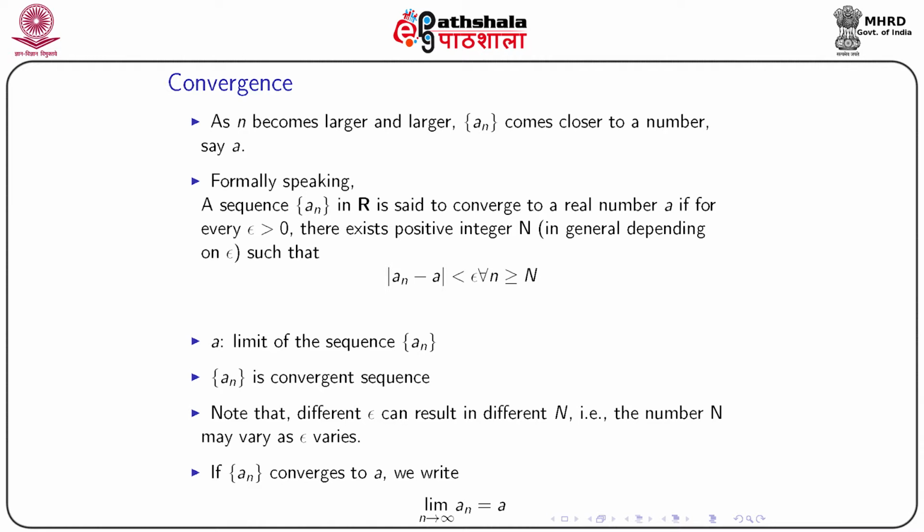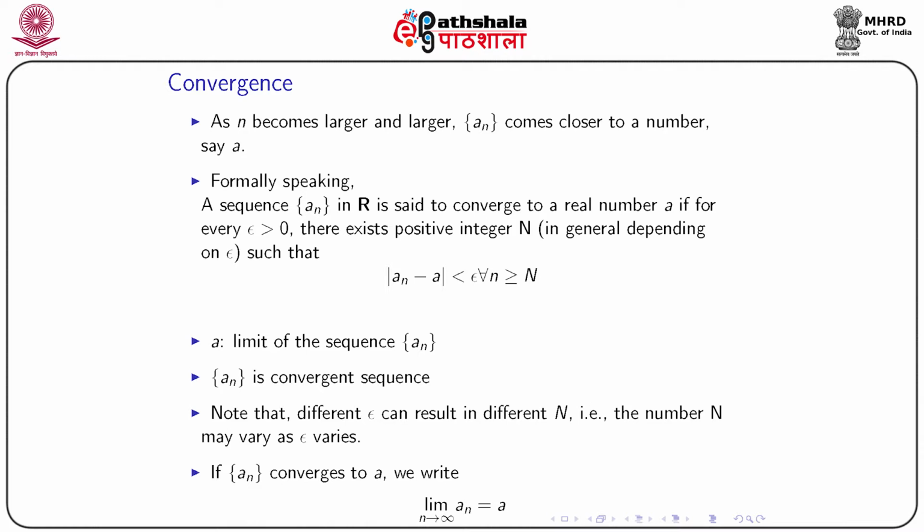That means the absolute difference between an and a is less than epsilon whenever n crosses a positive number capital N, and this a is called the limit of the sequence an, and an is called a convergent sequence.